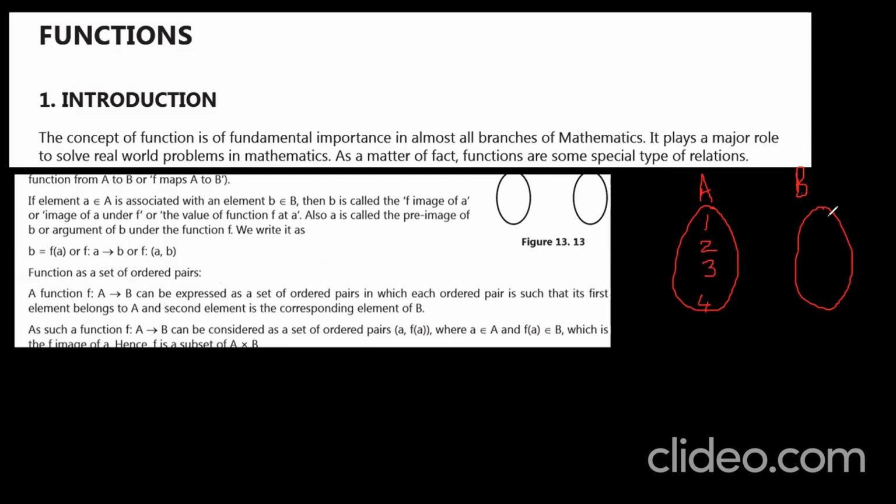Let me take one more element for A, and a, b, c, and d for B. So one is making a relation with it like this. Here, in the first set, 4 is left. No doubt it is a relation, I can say.